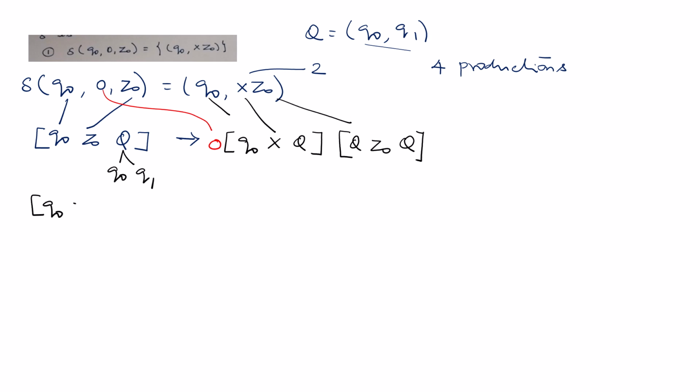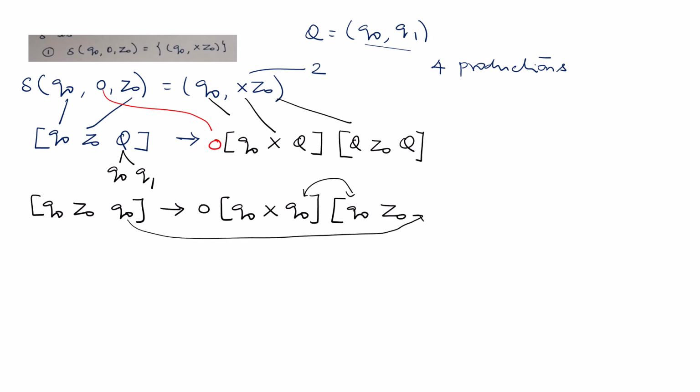So Q0 Z0 Q0 goes to 0 Q0 X Q0, followed by Q0 Z0 and then Q1.